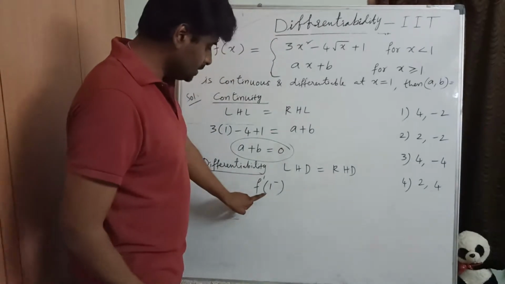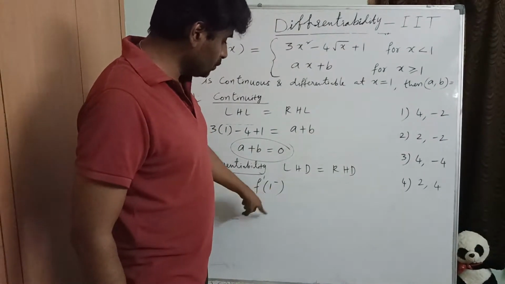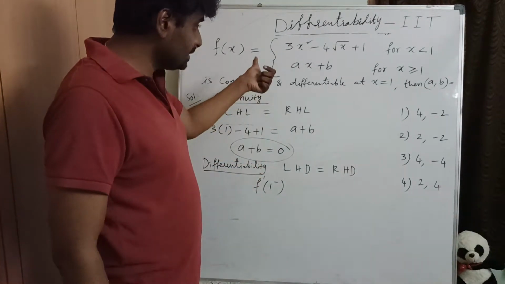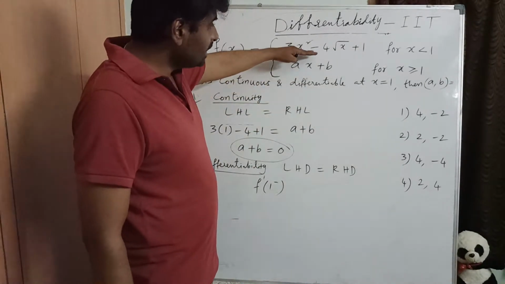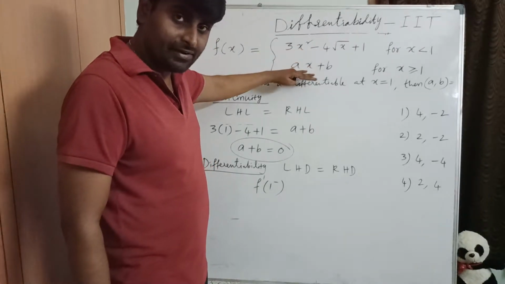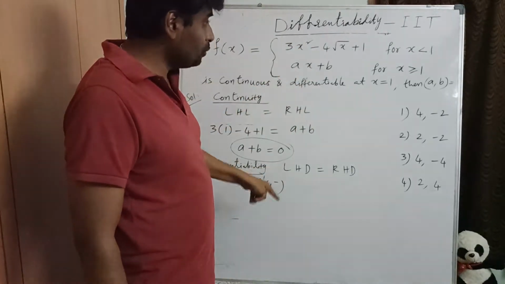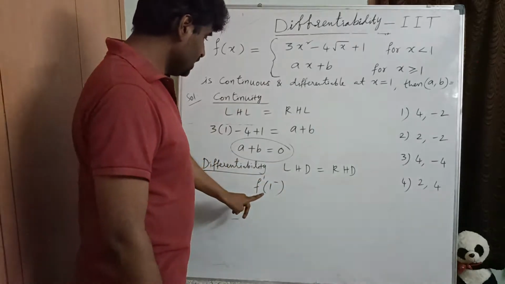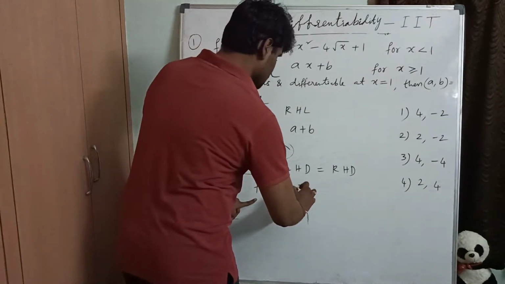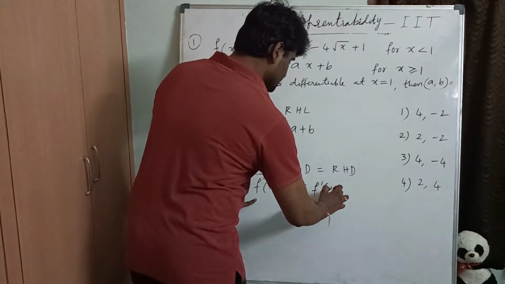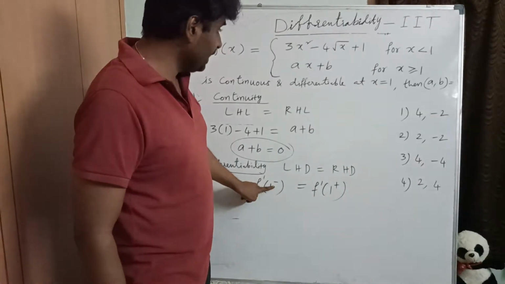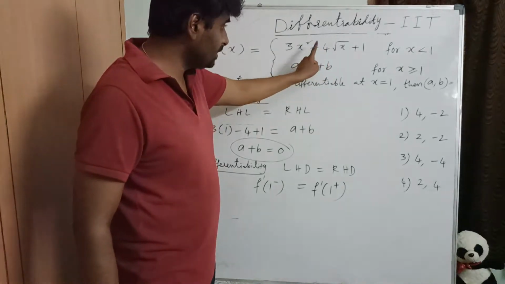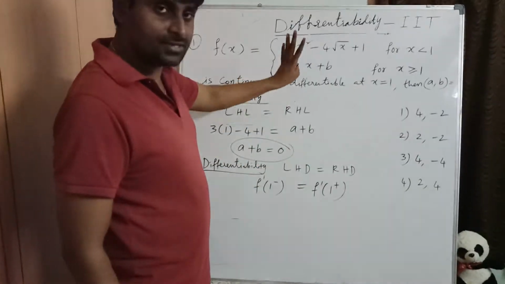Simply, we need not use that limit condition every time, because here the function is easy to differentiate and substitute the limit. Now you differentiate and substitute the limit. So f dash of 1 minus equals f dash of 1 plus, that's it, simple. f dash of 1 minus means for x less than 1, take the first function, differentiate that and substitute 1, simple.